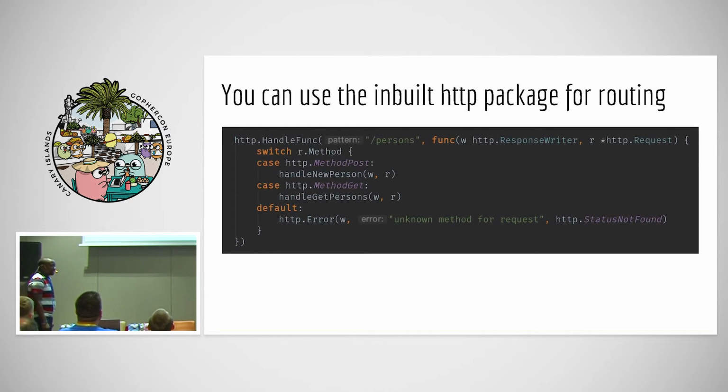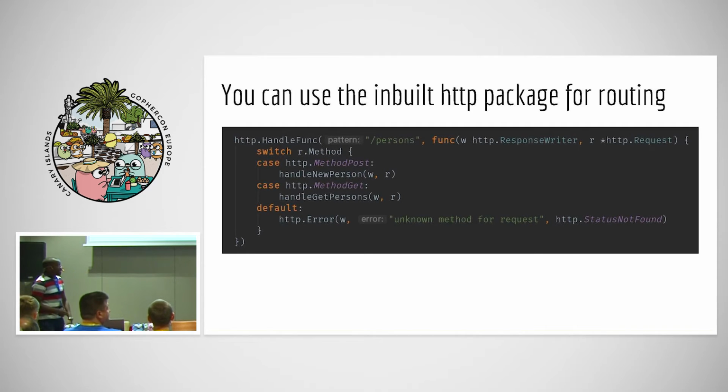The most common way that I use the HTTP package for routing is using HandleFunc. HandleFunc allows you to use the HandlerFunc, which is a stub for the Handler interface. It's a quick way to use the Handler interface, although alternatively you can use http.Handle, which will do the handling for you.